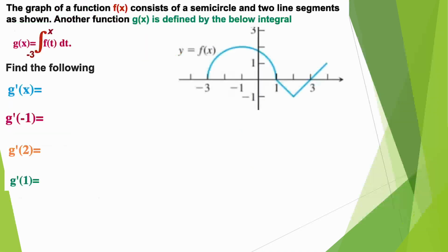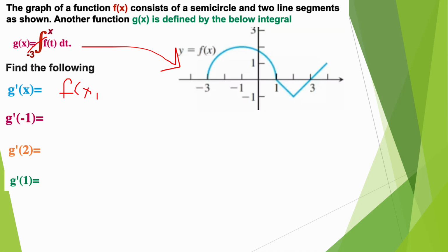Then let's take another example. If I have a graph of a function consisting of a semicircle and 2 line segments, and there is another function called g of x, which is the integral of the graphed function f of x. And I want to find the derivative of g prime. The derivative of g prime, all what we do, we will cancel the integral and we will replace up, so it will be f of x. That means g prime is f of x. So now it's easy.